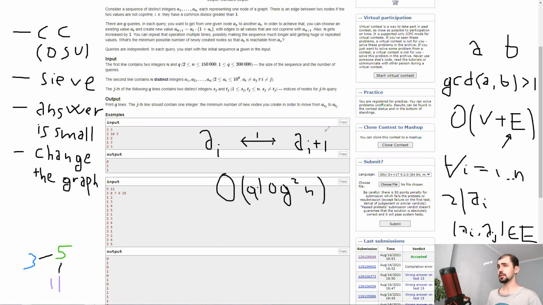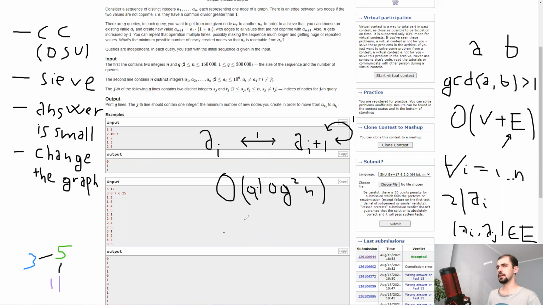But the thing that I was wrong about is that there is also an edge of length 1 between each pair of divisors of AI plus 1. Yeah, that is a non-trivial observation. How it comes to be, I believe that there was some example that I found.